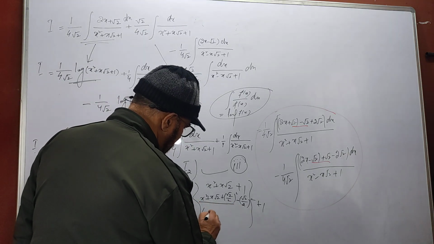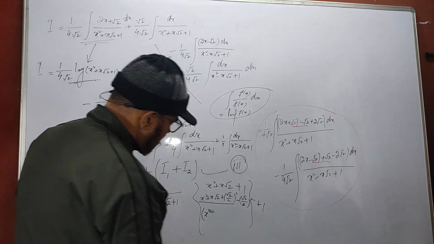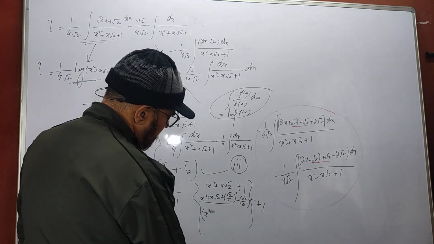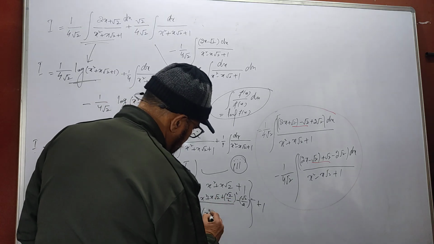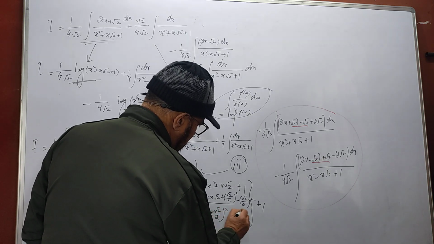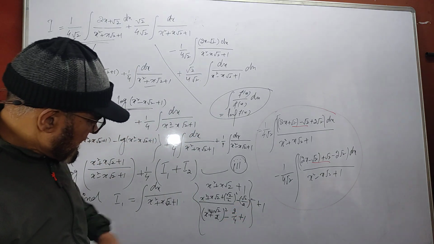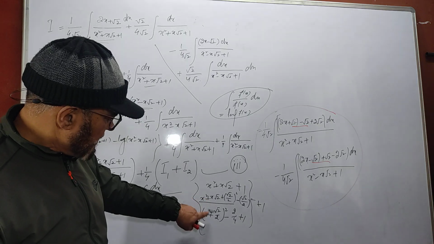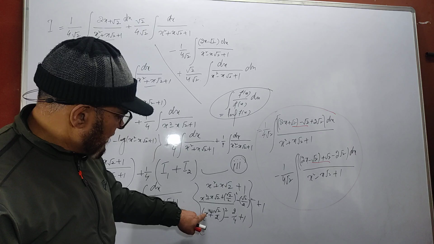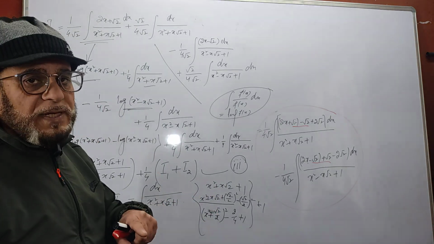This will be x plus root 2 by 2, whole square, then minus root 2 by 2 square plus 1. Just look here, this is a square, this is b square, root 2 by 2 whole square, plus 2ab, that is 2x, the 2 gets cancelled, it is x root 2. This is how the complete the square method works.